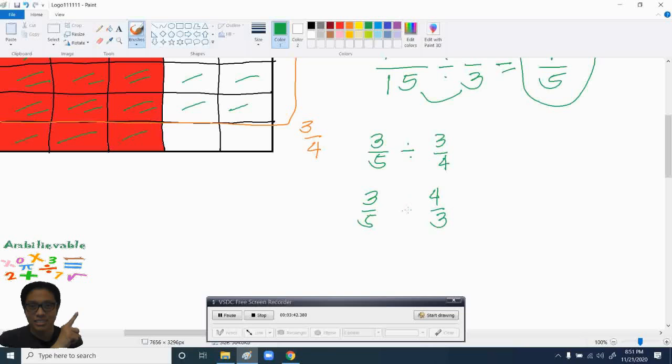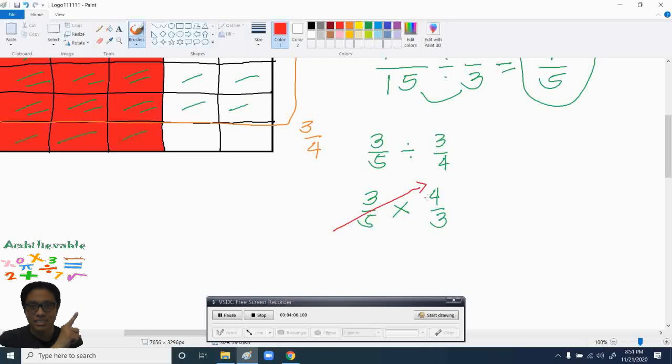Now, proceed to multiplication. Always remember, if your fractions can be simplified, try to simplify them. 3/5 cannot be simplified. 4/3 cannot be simplified. Then proceed in a cross way.